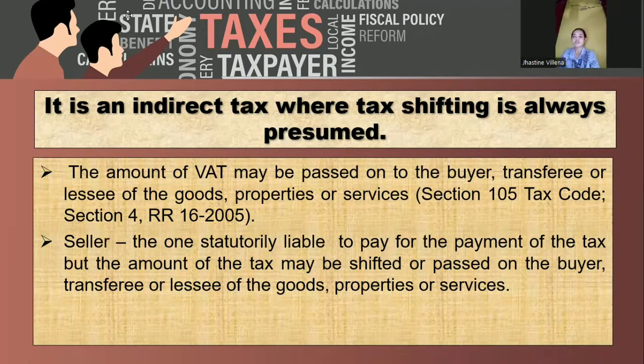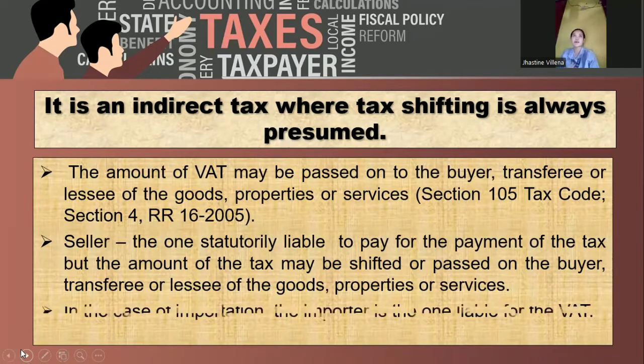The seller is the one statutorily liable to pay the tax, but the amount of the tax may be shifted or passed on to the buyer, transferee, or lessee of the goods, properties, or services.